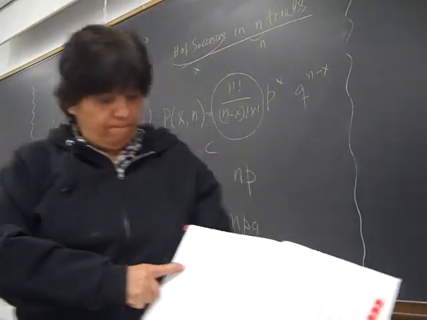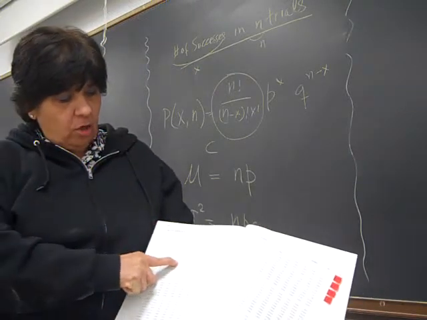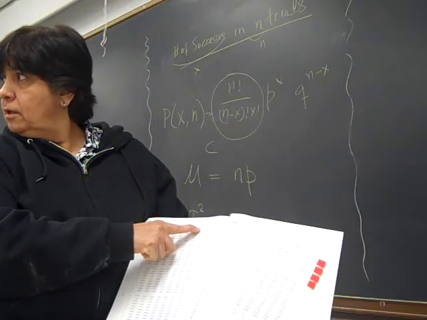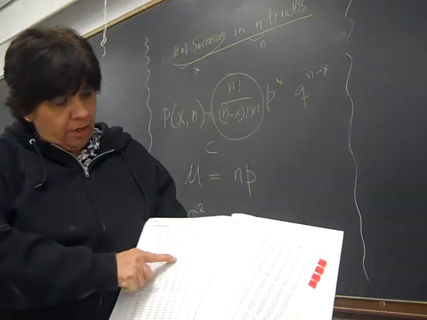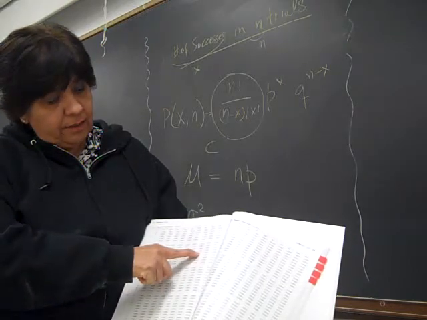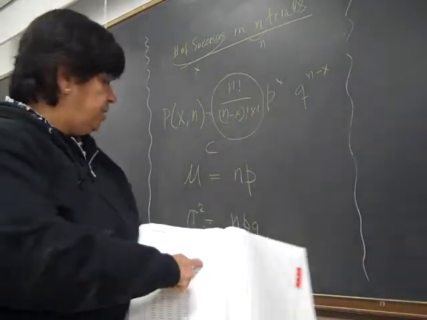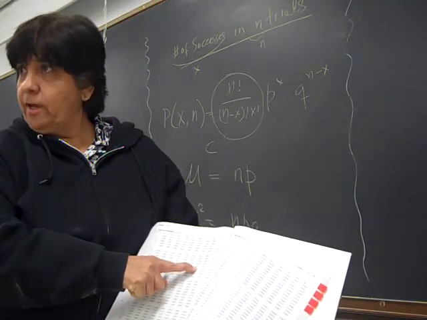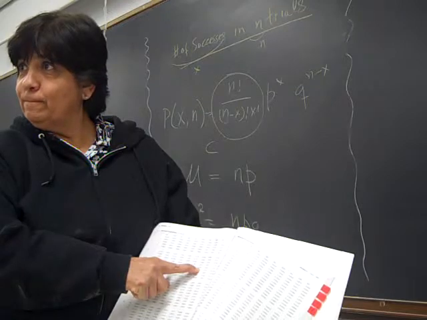And then go to wherever it says 0.4 on top. And you are going to find the 0.2322 right in here. Did you find it? Good.